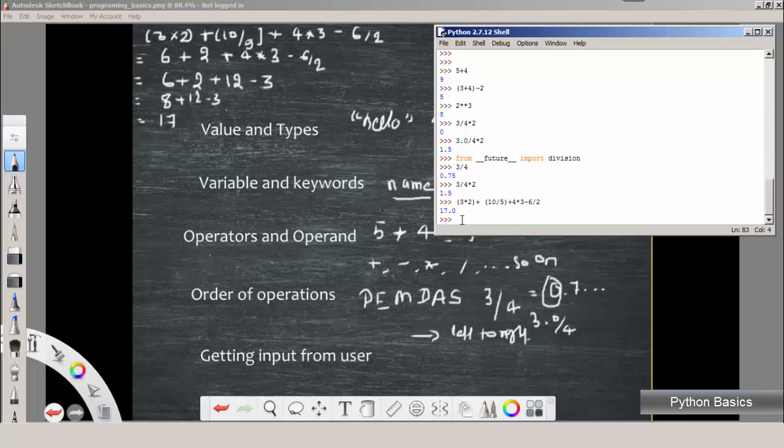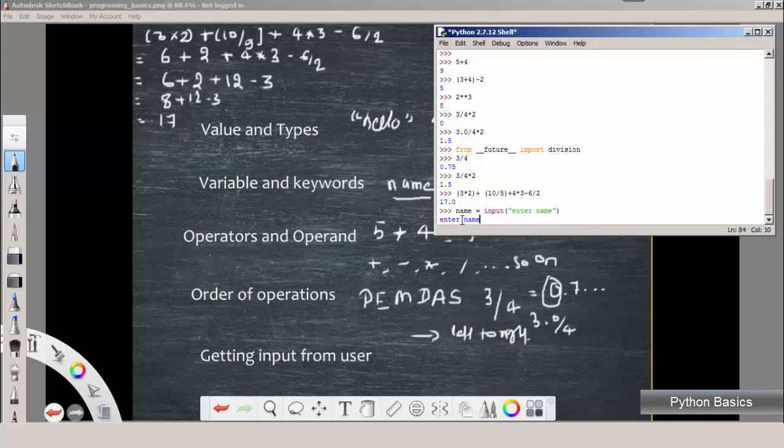And the last topic of this video is getting input from the user. It's very easy. If you want to get input from the user, you have to use the built-in function input. Let's consider name as a variable and we are assigning it the value input, with the prompt enter name.